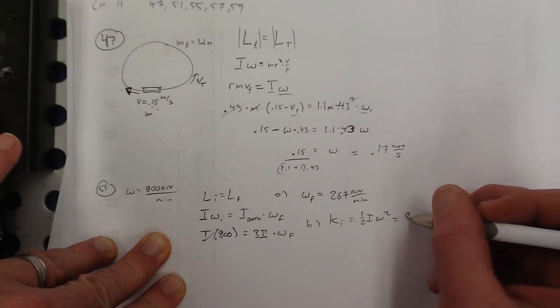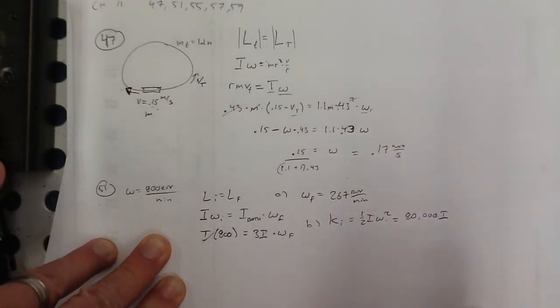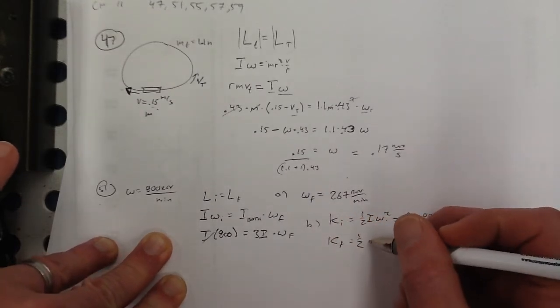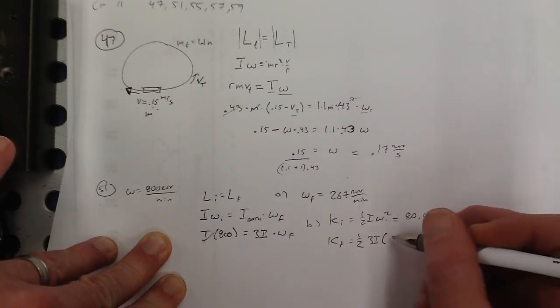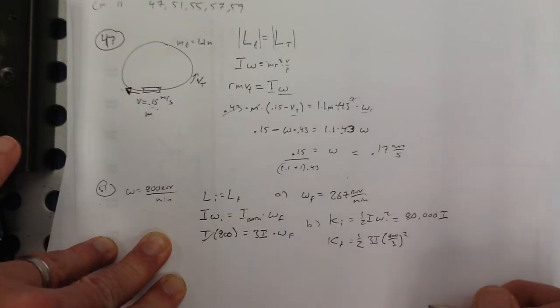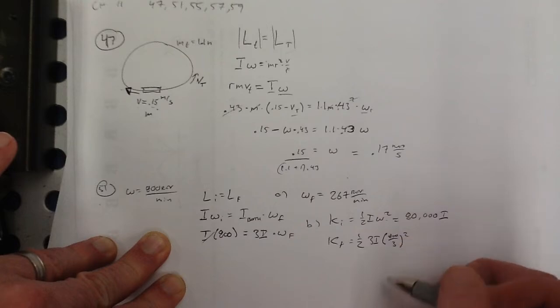Half of that is 80,000 I. And the final kinetic energy is 1/2 3I times 800 over 3 squared. I'm writing it as 800 over 3 because I can see more easily what's going on here.